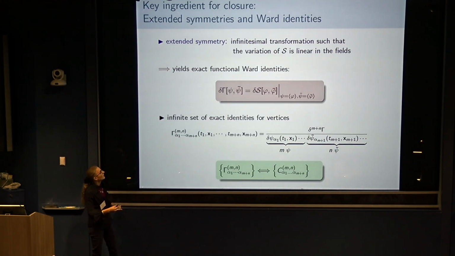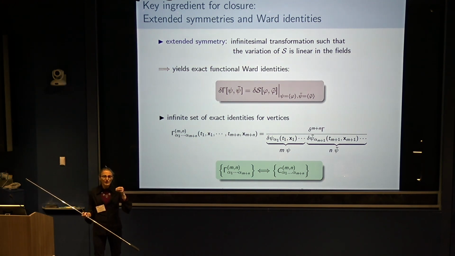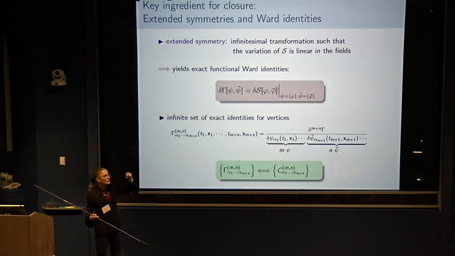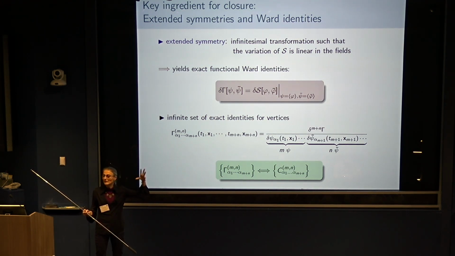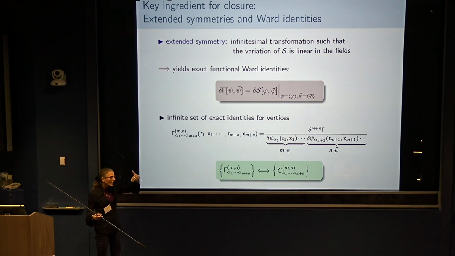Okay, and the main ingredient, in fact, is symmetries, or more precisely, what I will call extended symmetry. So I will call an extended symmetry a transformation of the fields and coordinates which does not leave the action strictly invariant, what you would expect for a symmetry, but which can lead to a variation which is at most linear in the field. Okay?